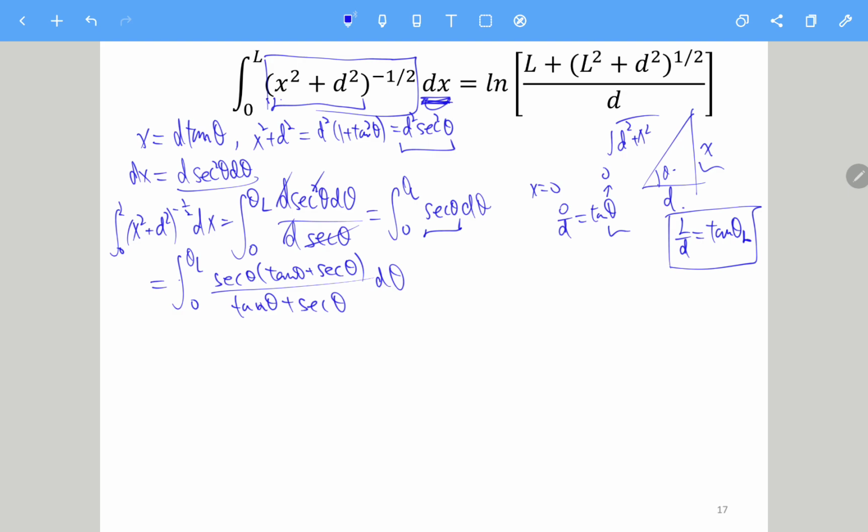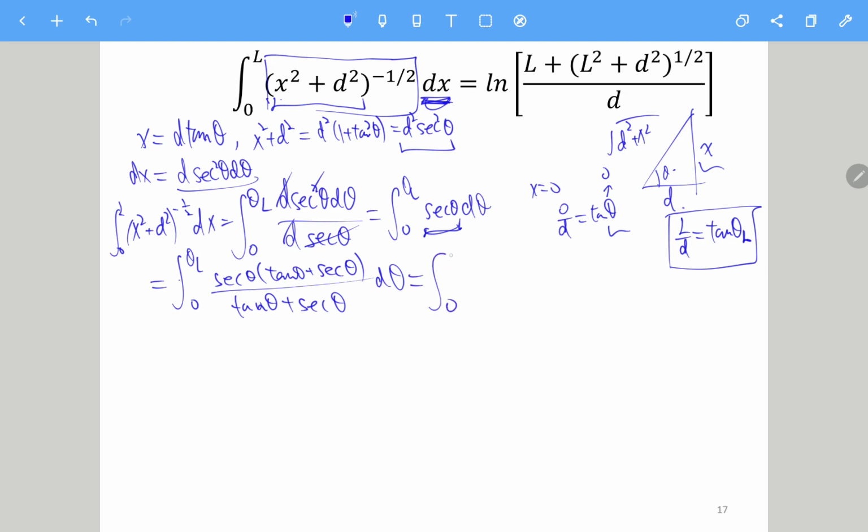This is a trick, so you need to remember it. Secant theta times tangent theta is the derivative of secant theta, and secant squared theta is the derivative of tangent theta.